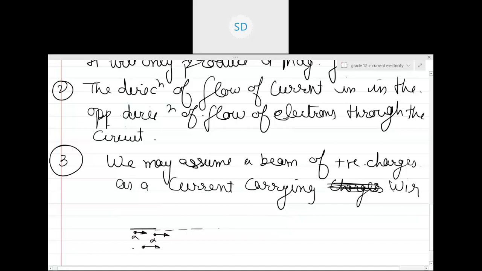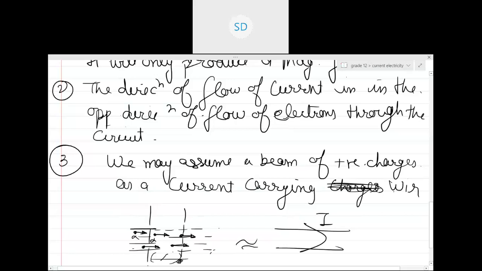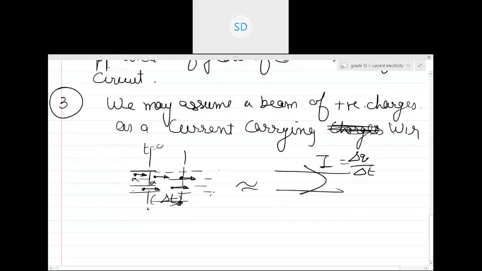So I can say this beam behaves as a wire in which current is flowing, and current will be equal to how much charge is crossing this cross section in delta t time. So we'll say delta q by delta t. Is this clear, guys? So we can assume this.